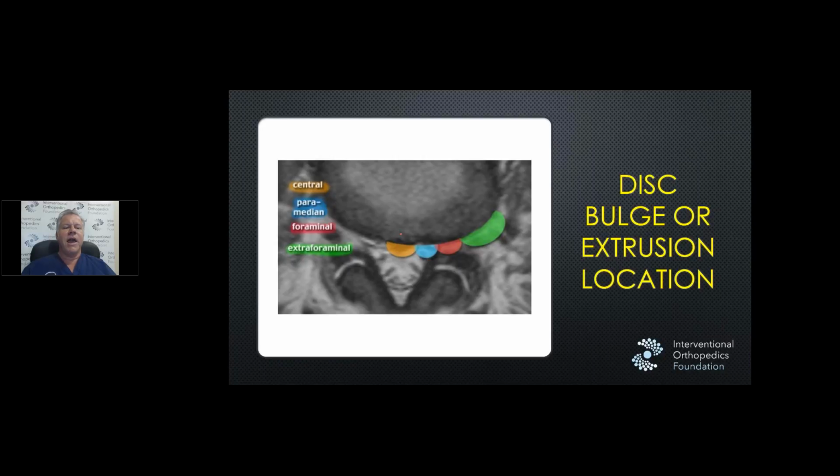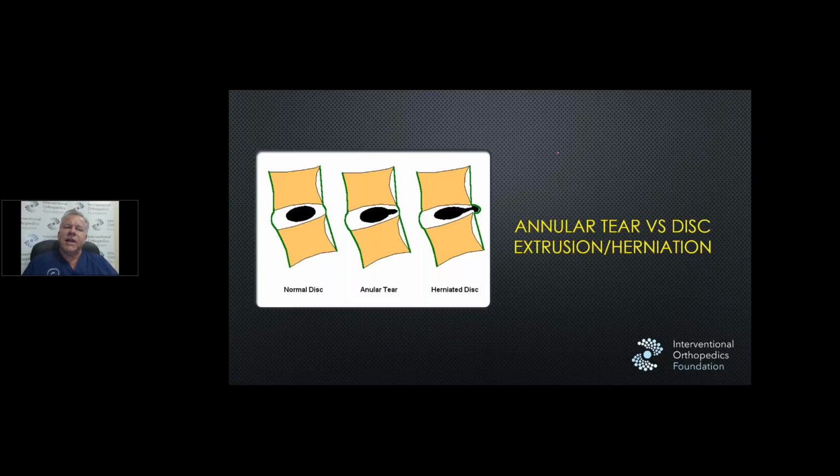So you've got a central disc, a paramedian disc, a foraminal disc, or an extraforaminal disc. And this just discusses the difference between an annular tear, where there's disc material that's actually visible in the annulus, versus an extruded disc here.